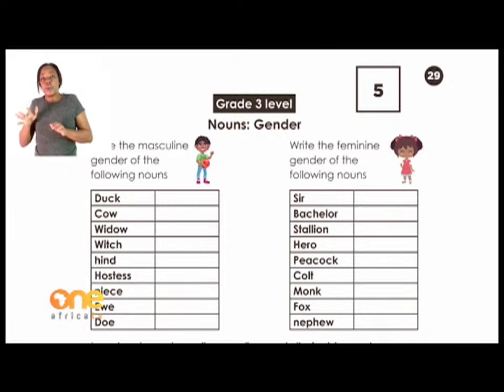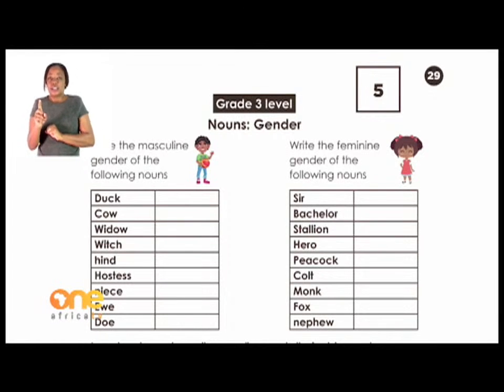We say sir to respect them. What about if it's a female, if it's a woman? We'll say it's madam. Madam. Okay. Bachelor is a boy who is not married, or a man who is not married. What about a woman or a girl who is not married? We say she is a bachelorette.